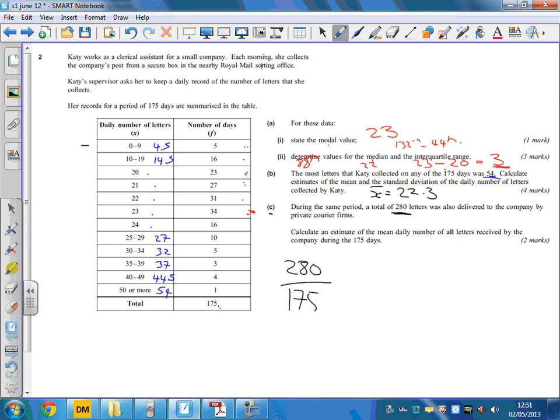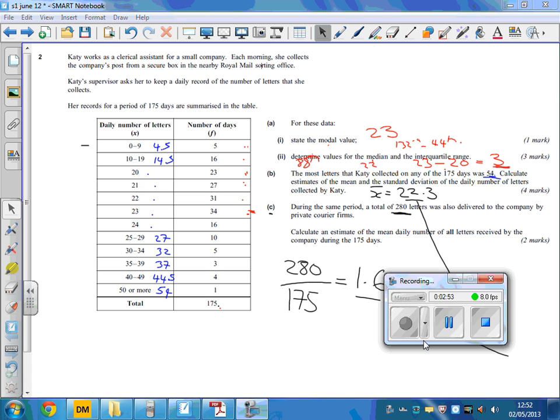So if you do 280 divided by 175, that means we're going to get an extra 1.6 letters every day. Put those two together, the 22.3 you're getting plus the 1.6 gives you, we should expect on average 23.9. Don't round it to the nearest whole one. 23.9 is the answer you wanted there.